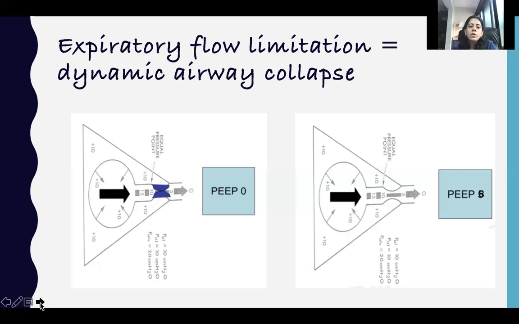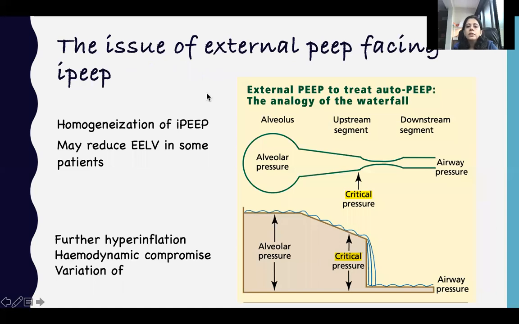So how do we decide what PEEP to set? To understand this issue of external PEEP that will face the intrinsic PEEP, there is quite a controversy, because many people argue that when you give an extrinsic PEEP in a patient who already has a significant intrinsic PEEP, you may actually worsen the intrinsic PEEP. But this is not a fact.